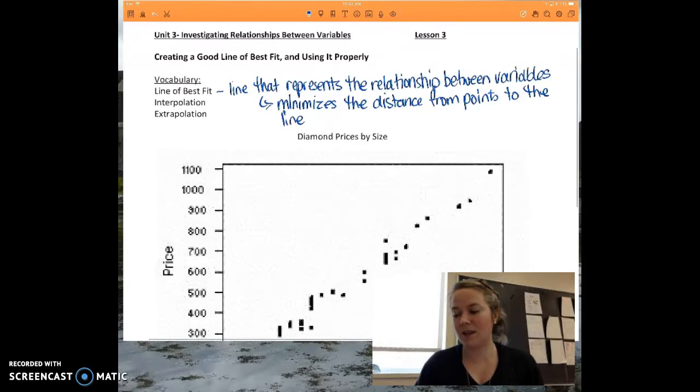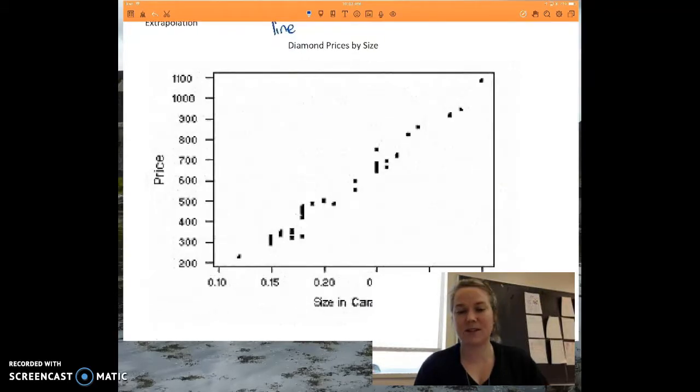And the scatter plot I've chosen for you today is a perfect example of that. Here, we're looking at two different variables, diamonds, their size in carat, and the prices that they sold for. Now, we're missing a little bit of information here. We have a title. Okay, that's one thing we have.